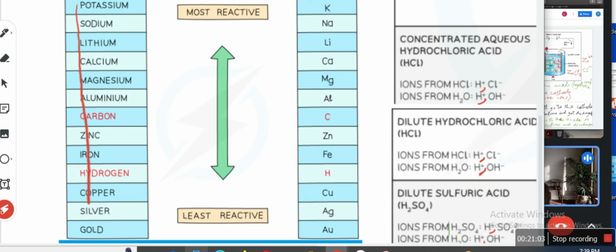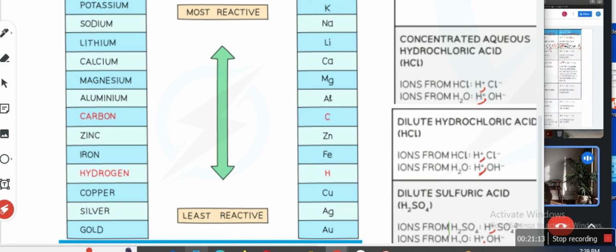As you go down, it becomes less reactive. This series helps us understand elements higher than hydrogen and those lower than hydrogen. For instance, iron is more reactive than hydrogen, but copper is less reactive than hydrogen.